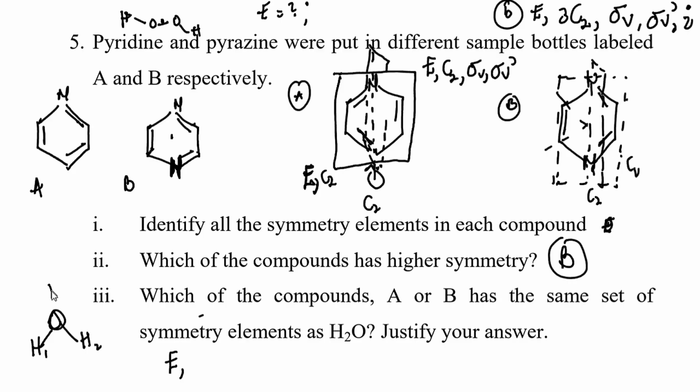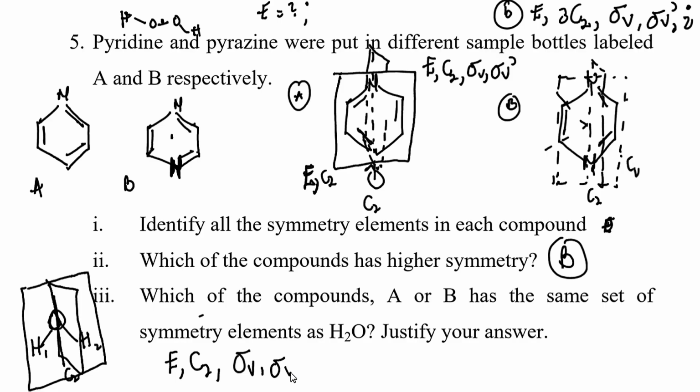The only proper rotation is C2, because if you rotate this, this comes here and this goes there. For mirrors, we can have one that cuts through, and another that cuts through in this way. So we have sigma V and sigma V prime.